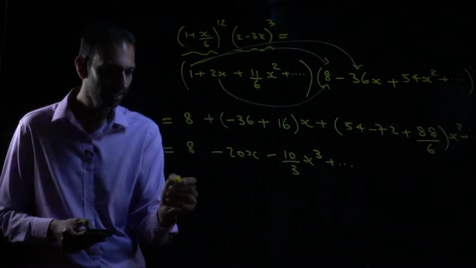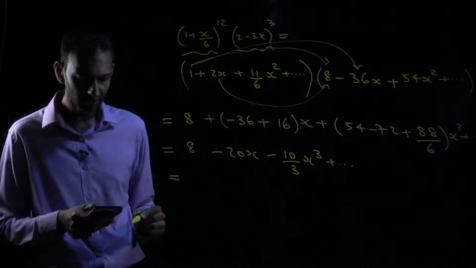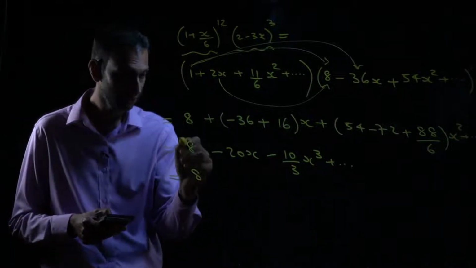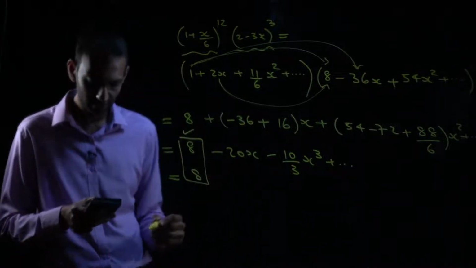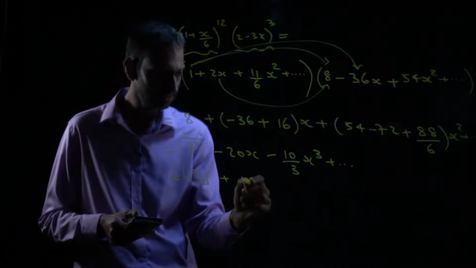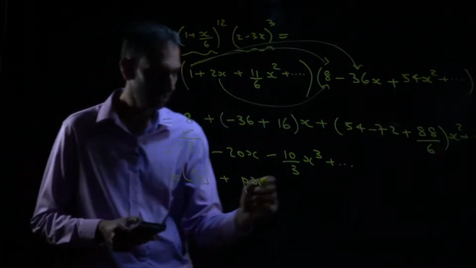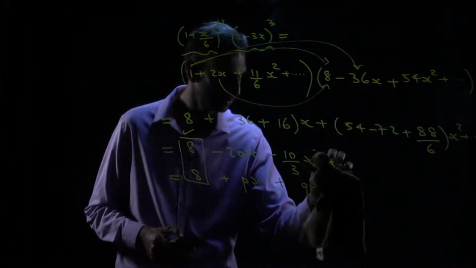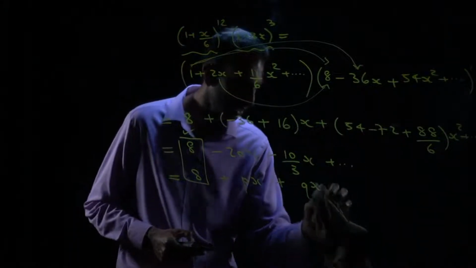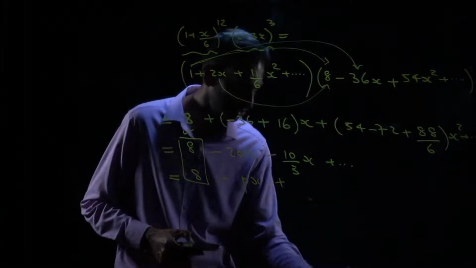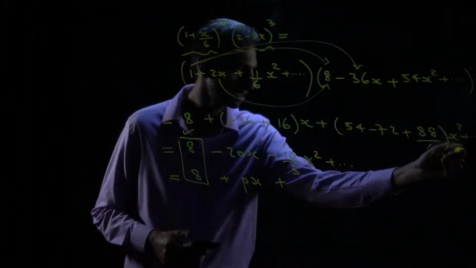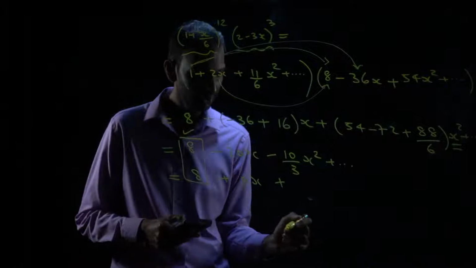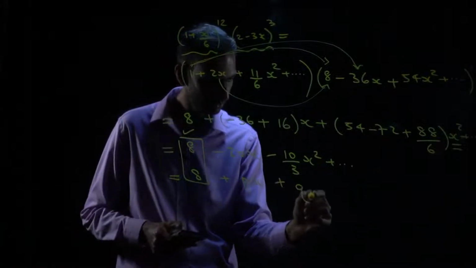We need to compare that with the expression which they have given in the question. 8, which we already got, very good, plus px, and then we have plus qx squared. Sorry, it's not x cubed. That's just writing too quickly. So let me write the x squared properly. So x squared, because of x squared, which is here. So plus qx squared.